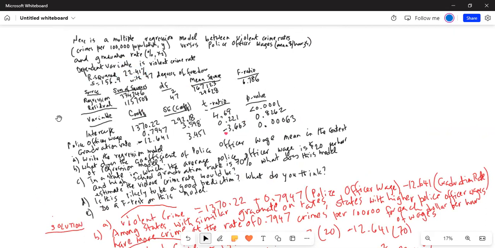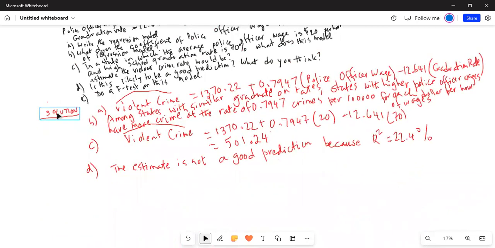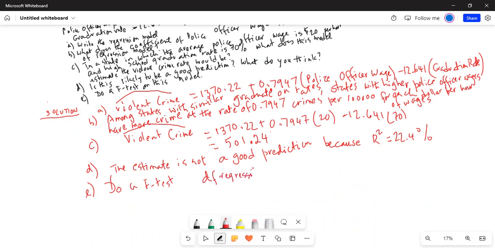Now to do the F test, we need the degrees of freedom for regression, which is 2, and degrees of freedom for the residual, which is 47. So that is part E. So part E, do an F test. Degrees of freedom of regression is equal to 2, and degrees of freedom of residual is given as 47.